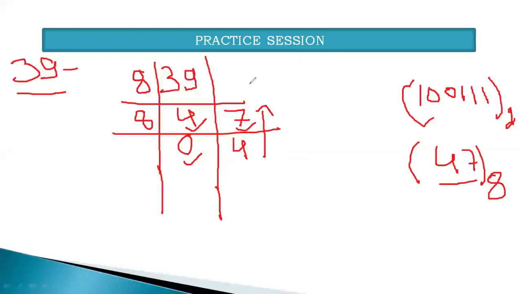So this is how a decimal number has been converted into the octal number system. One more time: since we have converted the decimal number into the octal number system, when I convert 47 into the decimal number system, we must get 39. That is what we saw when we converted decimal to binary: we got 100111, and when we reconverted binary to decimal, we got 39.